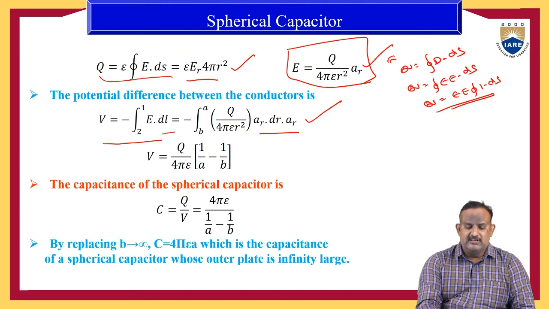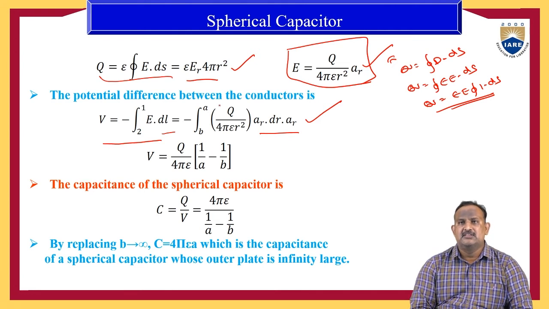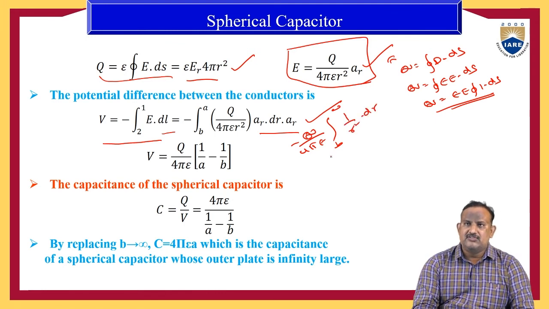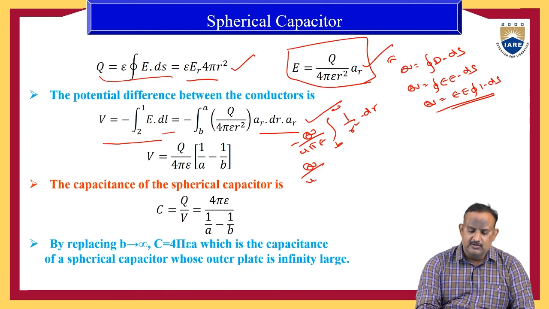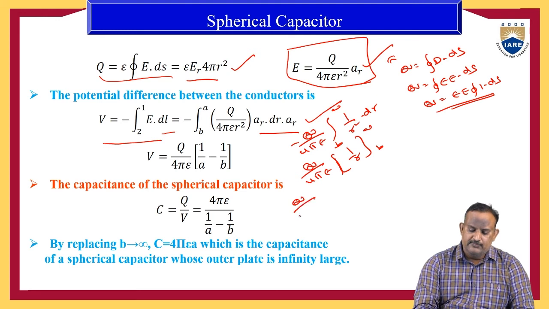Q by 4 pi epsilon is a constant, we can keep it outside, leaving integral B to A of 1 by r square into dr. The integral of 1 by r square is minus 1 by r. Therefore, it is Q by 4 pi epsilon into 1 by r between the limits A to B, which is Q by 4 pi epsilon into 1 by A minus 1 by B, which is the potential.